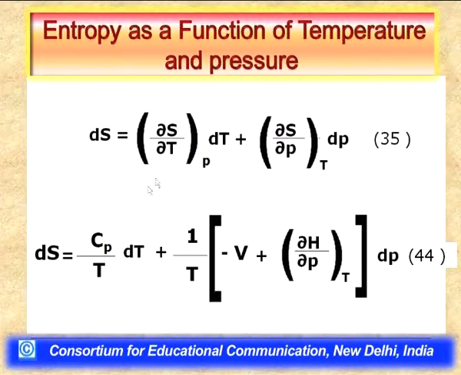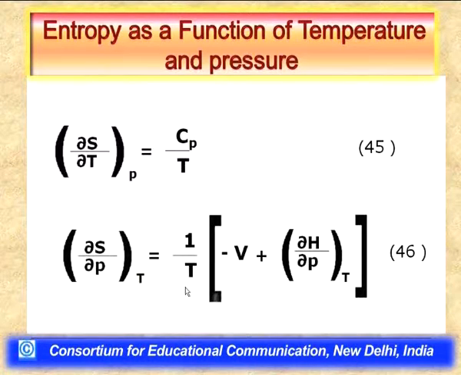So we can compare these differential coefficients as we did earlier. The first one is simple to evaluate, as we did for temperature and volume when we considered entropy as a function of temperature and volume. The second one was very difficult, here also it is difficult, we will do the same treatment, but that will be due for the next lecture.